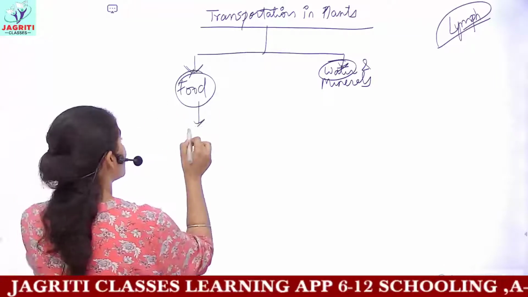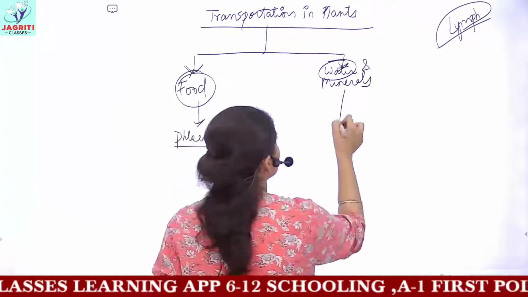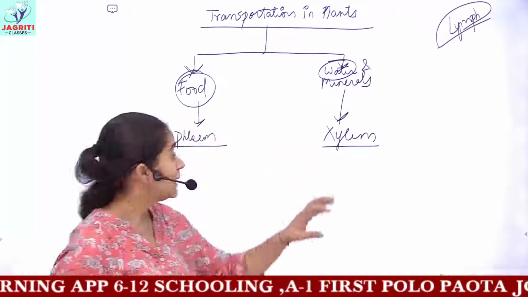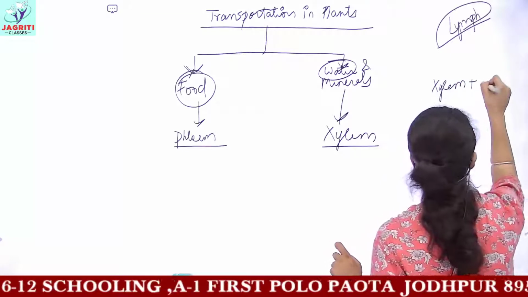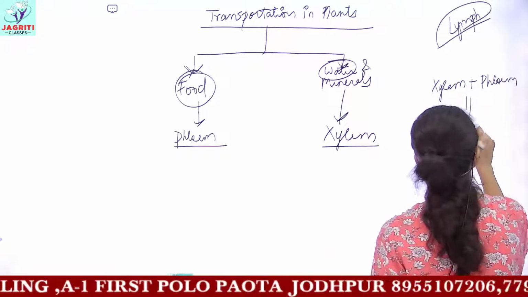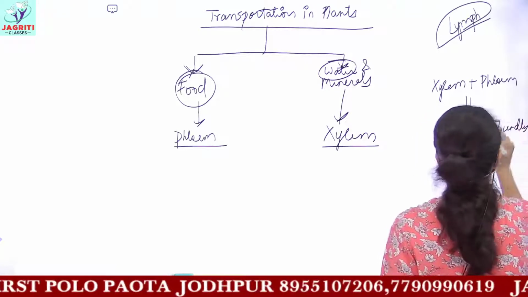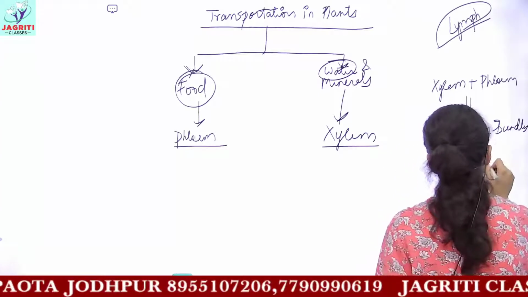Food is transported with the help of phloem, whereas the transfer of water is done by the tissue xylem. And this xylem and phloem are combinedly called your vascular system or vascular bundles. These are also referred to as conducting tissues.